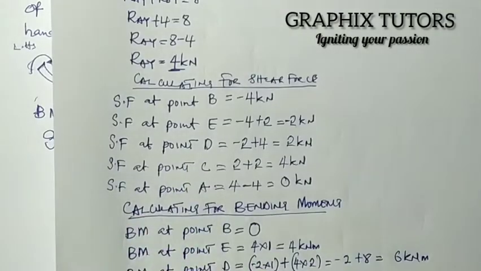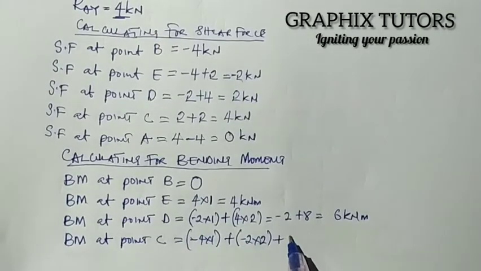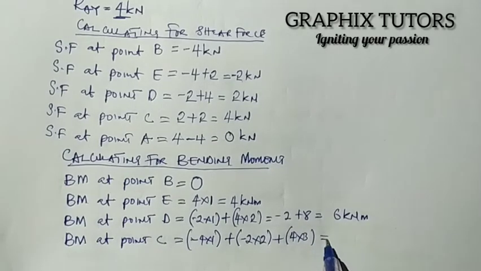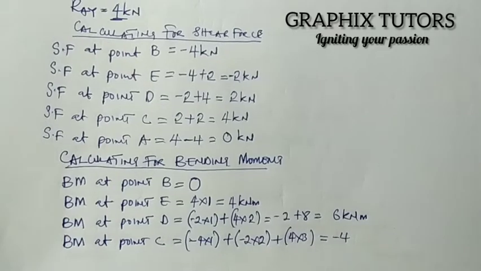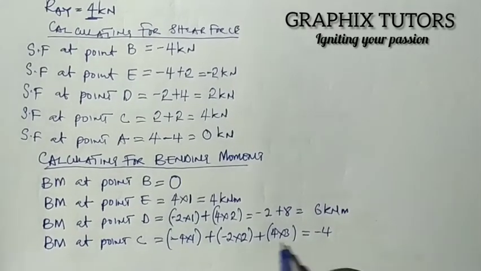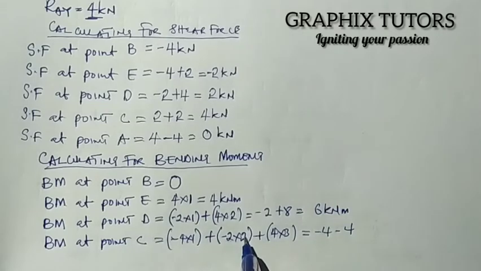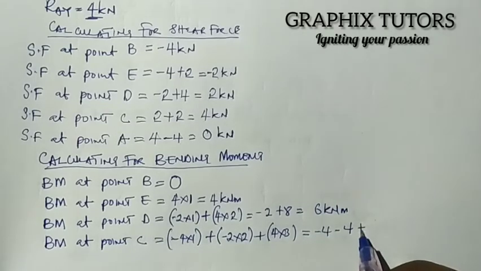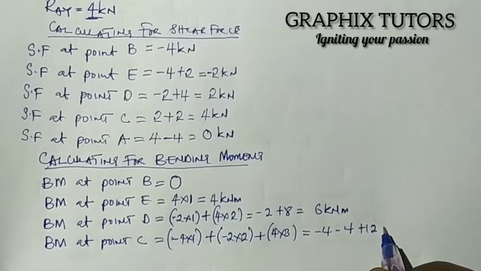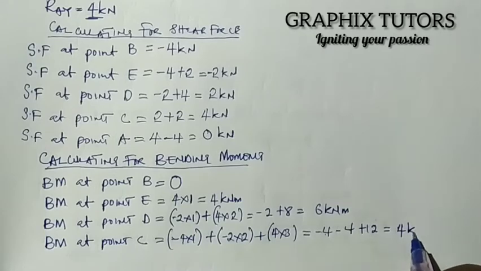So this will now give us minus 4, minus 4, because minus 2 times 2 is minus 4, then plus 12. Minus 4 minus 4 is minus 8, minus 8 plus 12 is 4. We have 4 kilonewton meter.